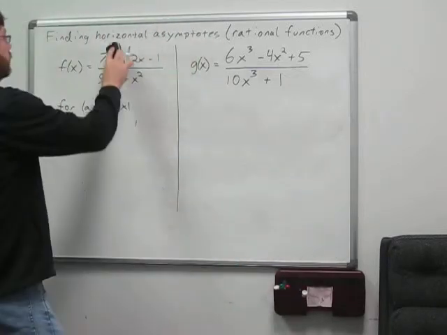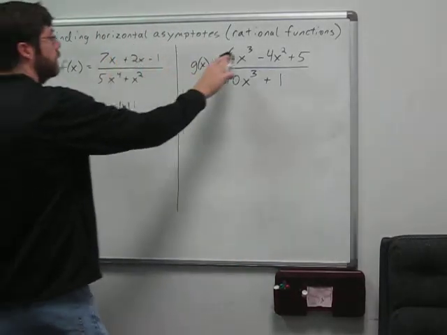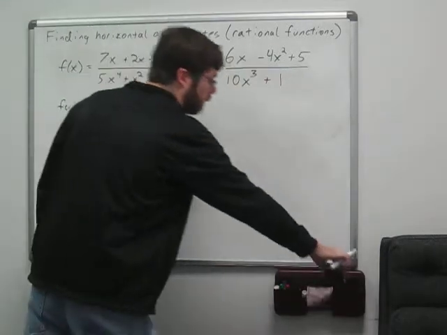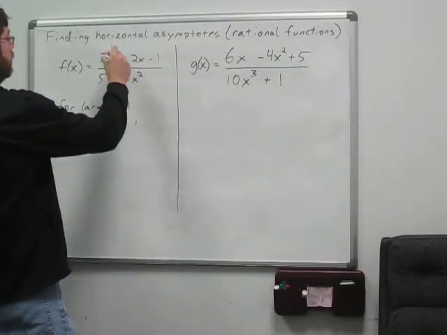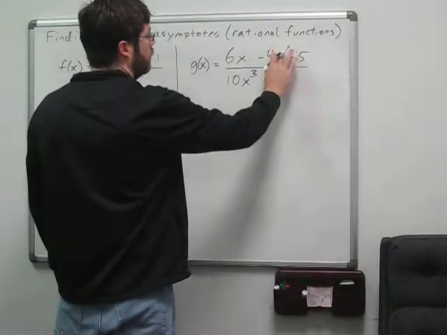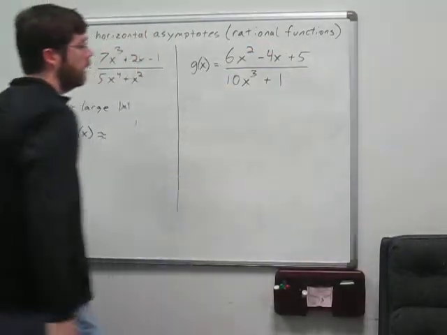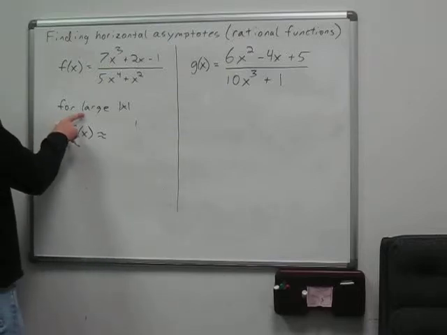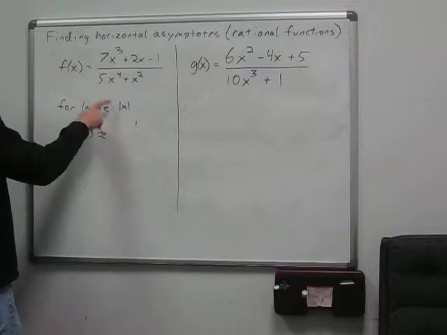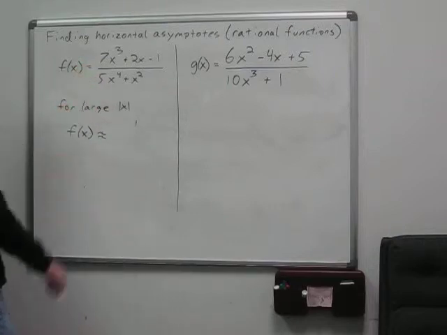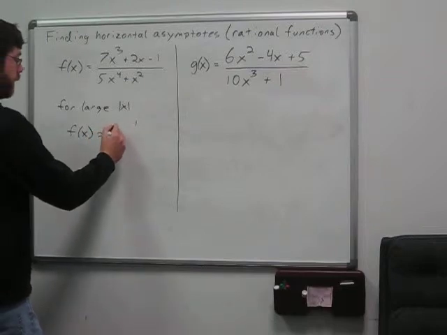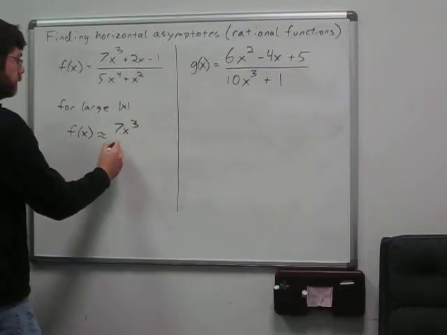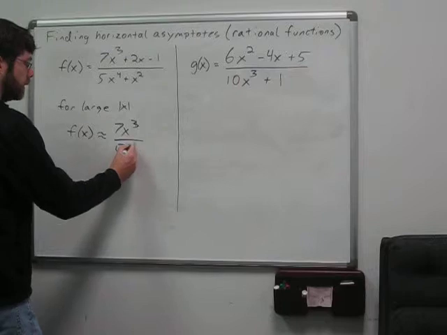Let's change the situation so that the degree of the numerator is less than the degree of the denominator. Again, for large values of x, polynomials behave like their leading terms. So this rational function is going to behave a lot like 7x cubed over 5x to the fourth.